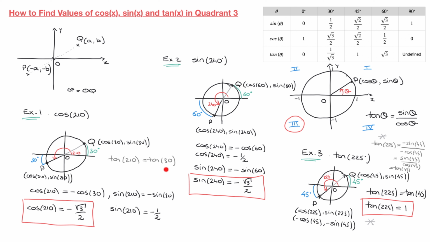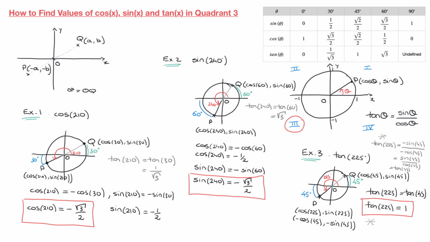And since tan of 30 is equal to 1 over root 3, tan of 210 is equal to 1 over root 3. Similarly, tan of 240, well, that will be equal to tan of 60. And so I can write that here. Tan of 240 is equal to tan of 60. And tan of 60, well, that's equal to the square root of 3. So tan of 240 is equal to the square root of 3.